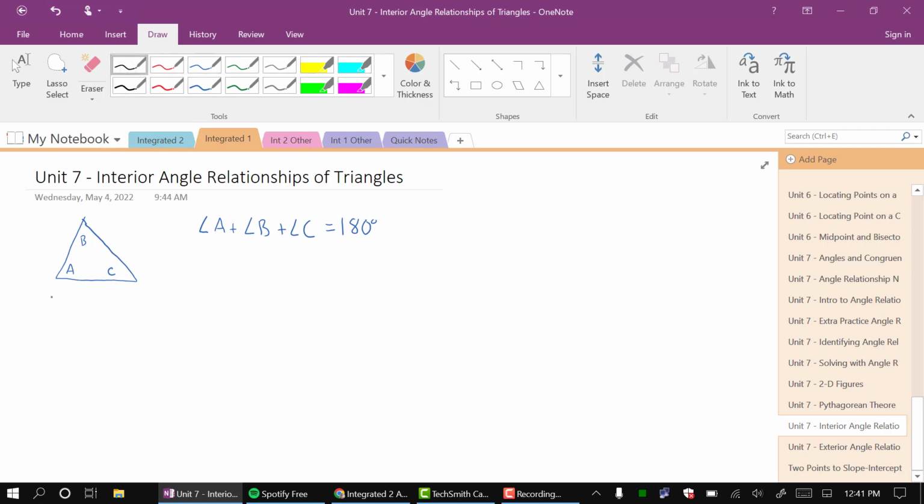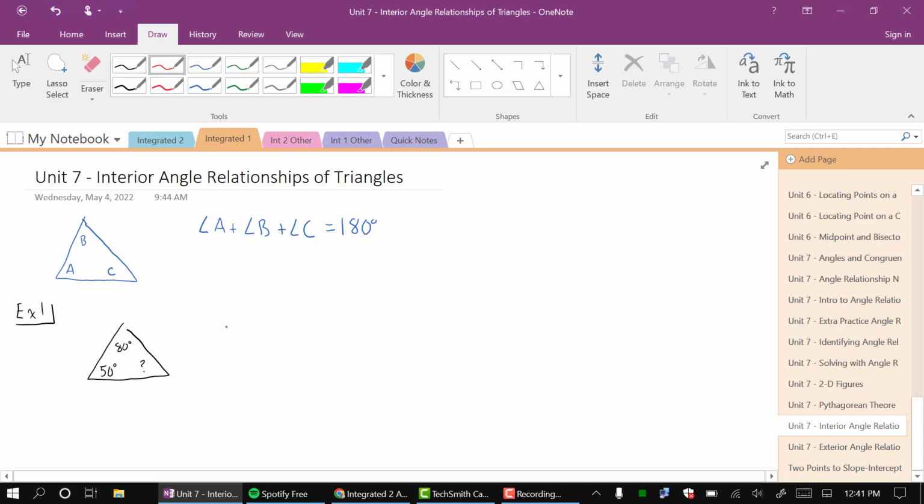Example 1. So I have this triangle right here. So this is 50 degrees, this is 80 degrees, and this is our unknown. So I'm going to start off with writing it out.